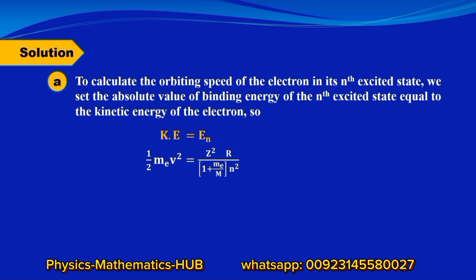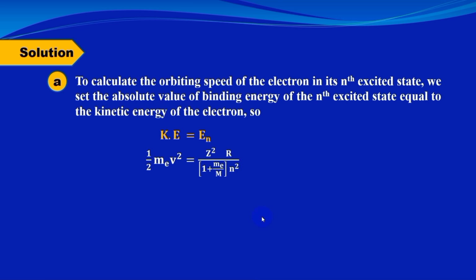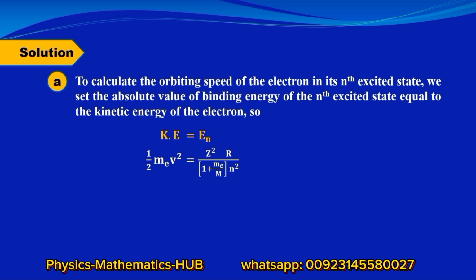In this equation, on the left side, we see the kinetic energy of the electron given by 1/2 m v squared, where me is the mass of the electron and v is its velocity. On the right hand side, we have the absolute value of the binding energy of the electron.